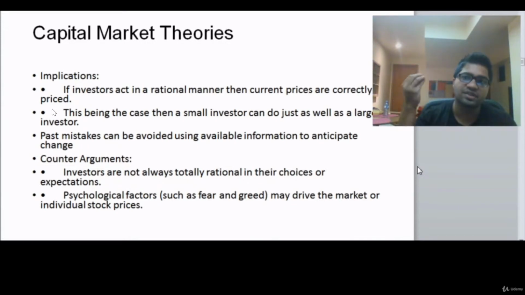So there is no distinction between a small investor and a big investor. Past mistakes can be avoided using available information to anticipate change. Counter arguments: investors are not always totally rational in their choices or their expectations. Psychological factors such as fear and greed may drive the market or individual stock prices.